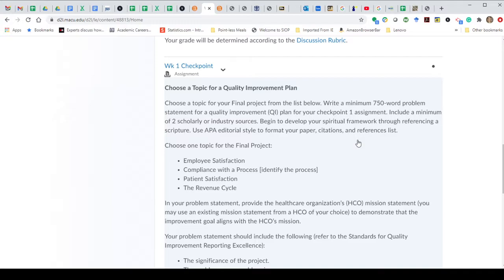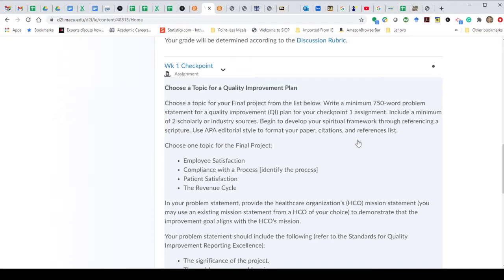Now, I've given you some ideas on a project that you could choose from: employee satisfaction, compliance with the process, patient satisfaction, or the revenue cycle. And choose a topic that really fits within your area of interest. So if you're working in HR, you may want to focus in on employee satisfaction.